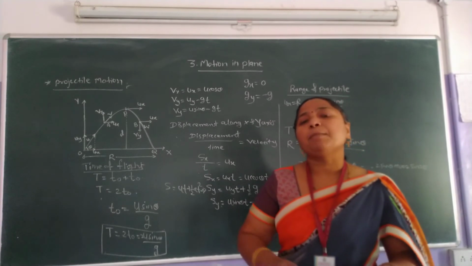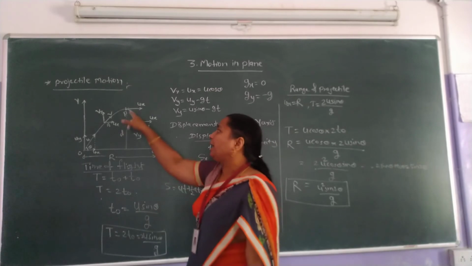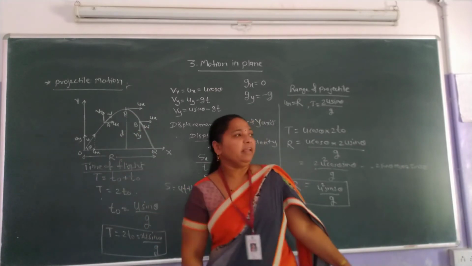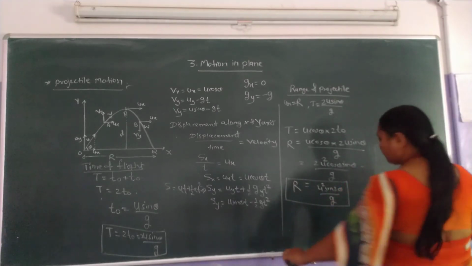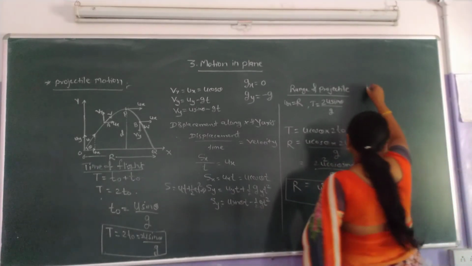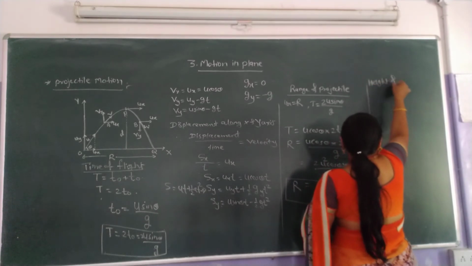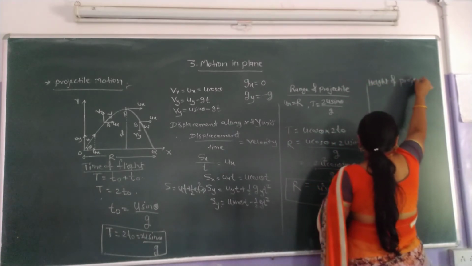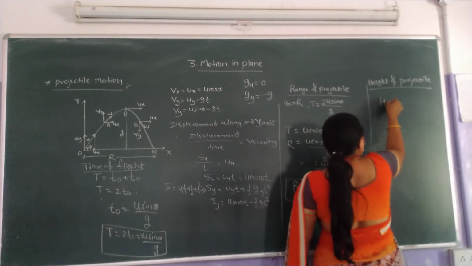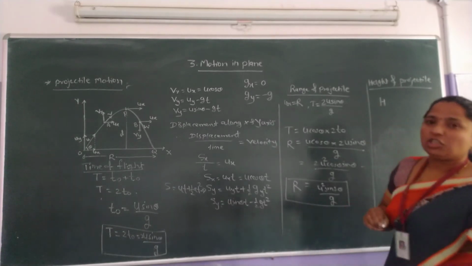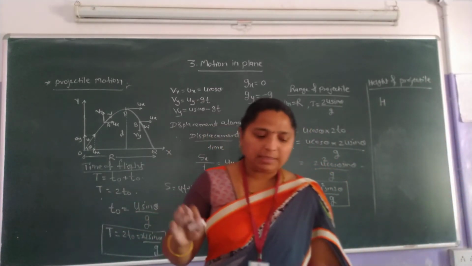When it reaches the maximum, that distance is known as the height of projectile, H, the distance from the ground surface or from the x-axis.